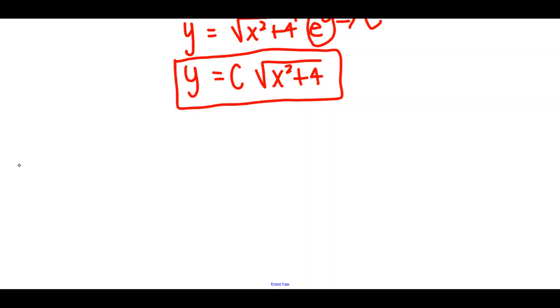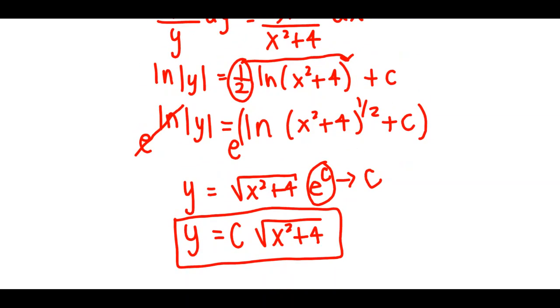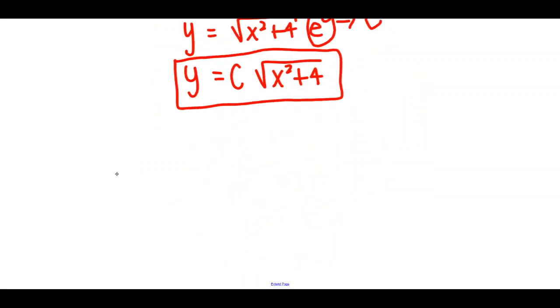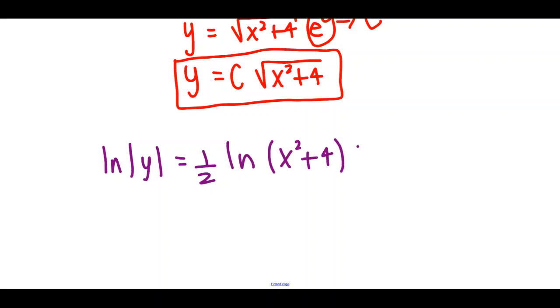A little side note, I'm going to show you what to do if you have the fraction and you were to do it by multiplying by 2. So let's say instead of taking this 1/2 to the exponent, I said I'm just going to get rid of this by multiplying everything by 2. That's perfectly fine.